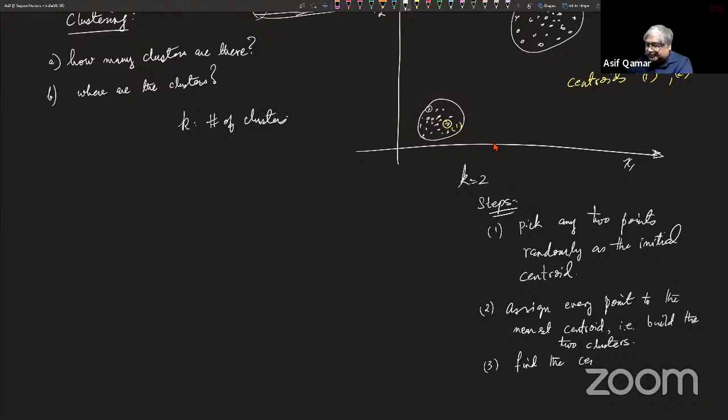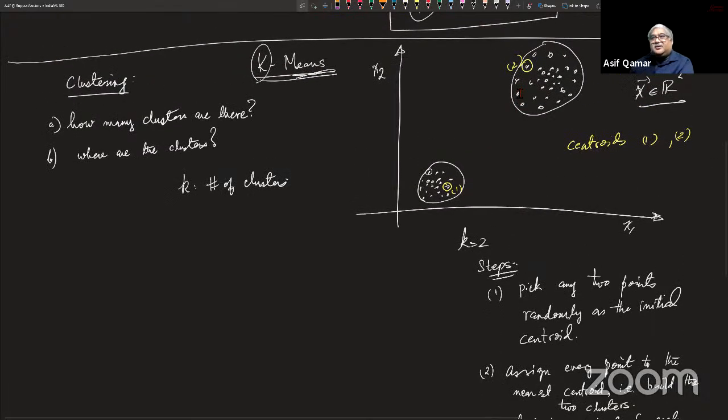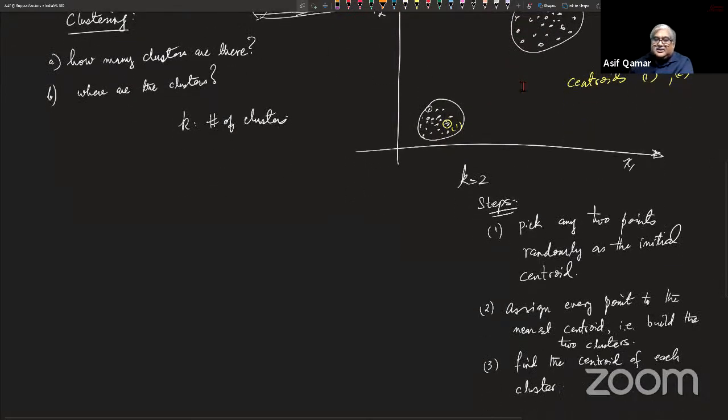Now, the third step is find the centroid of each cluster. What is the centroid of a cluster? The center of gravity, the center of mass, or the center. Basically, it is the mean point, the mean value of x1 and the mean value of x2, of x1, x2 for each cluster.